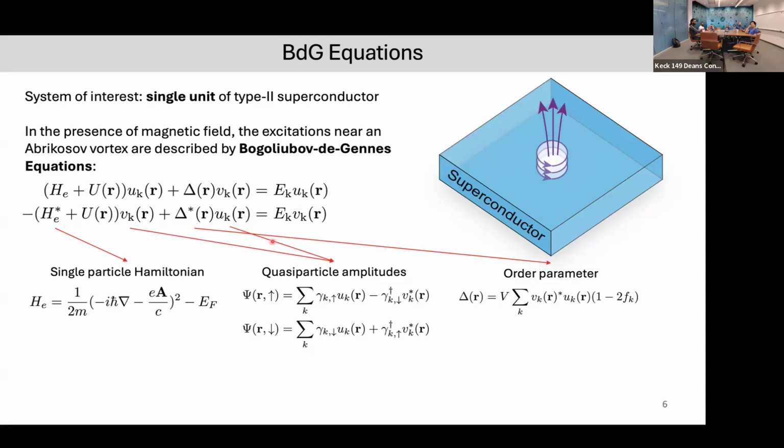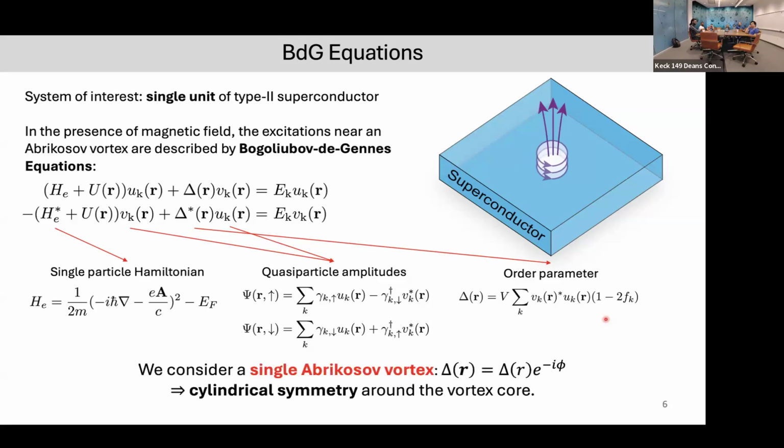And when expressed as a function of quasi-particle amplitude, this is how it looks. In our analysis, we are going to study a single Abrikosov vortex. So there is a cylindrical symmetry in the system if you consider around the vortex core. And because of that, you can express the order parameter in this manner.